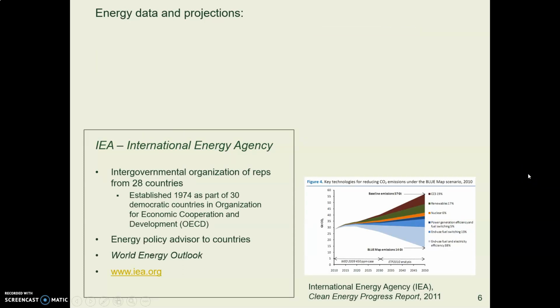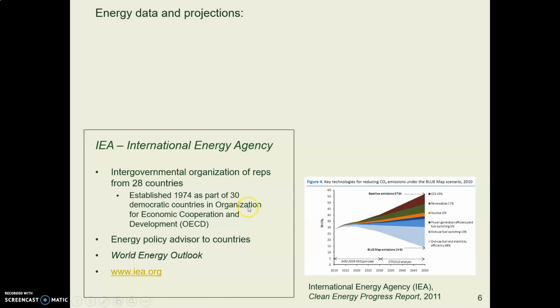This is an international agency, the IEA. It also was formed at the end of the oil crisis. At the end of the oil crisis, a group of countries called the OECD came together. These are democratic countries, so they're not tyrannies.